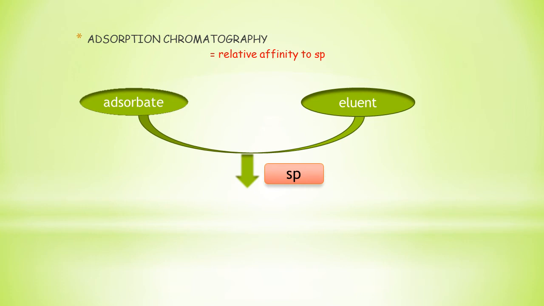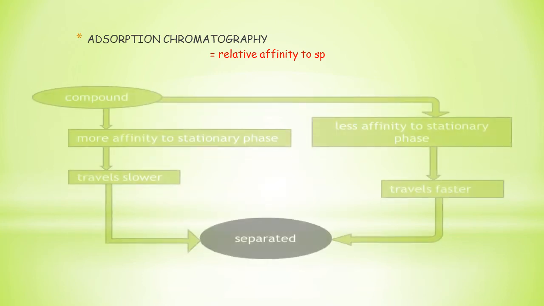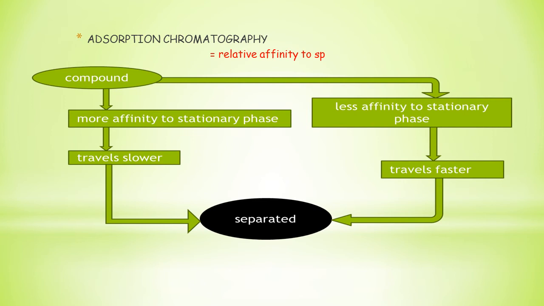Then the compounds will be separated based on their relative affinity to stationary phase. That is, the compound which is having more affinity to stationary phase travels slower and the compound which is having less affinity to stationary phase travels faster, and finally the compound is separated.